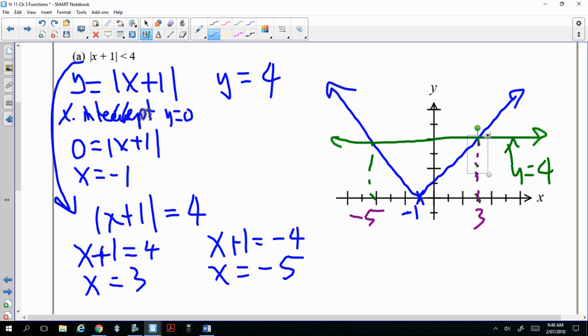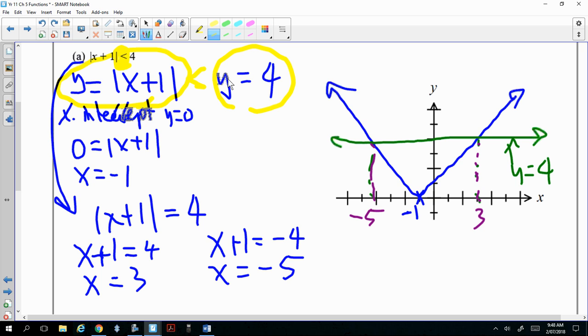Once you do this, now you have to look at it. This is an inequality, less than. So when is the horizontal line above the V shape? When is it above? So this V shape is below the horizontal line.